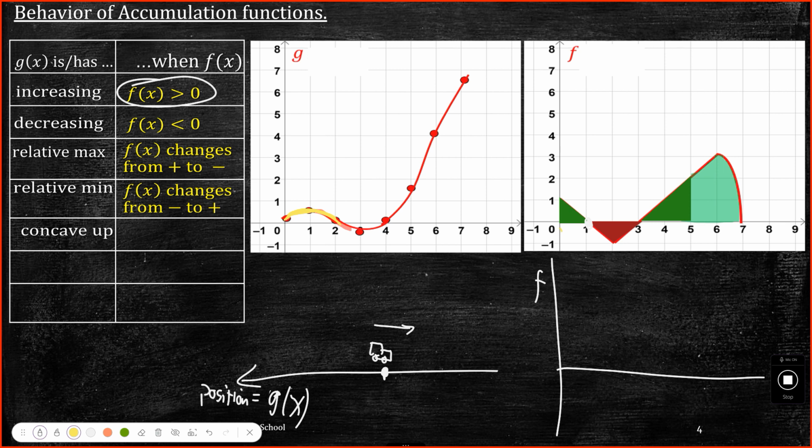From 0 to 2. Not the area, but this thing, maybe. What is that? The slope of f is negative. But that's not what we want. We want concave up, no?